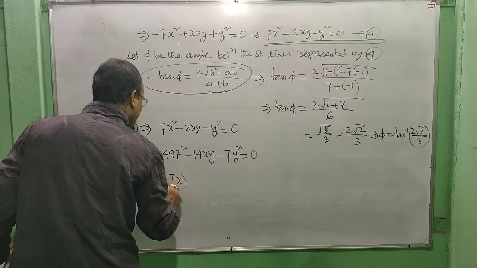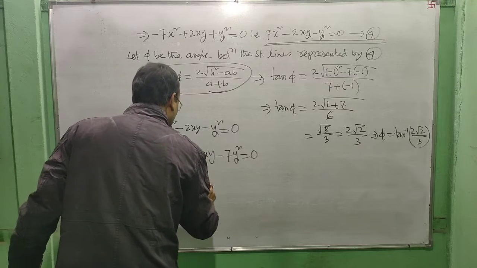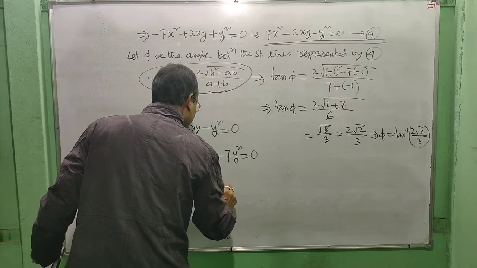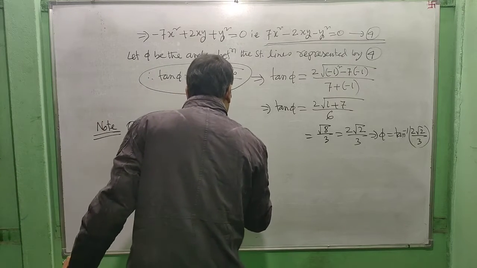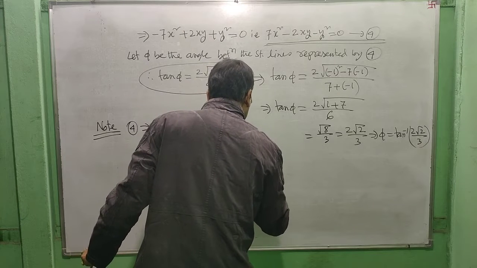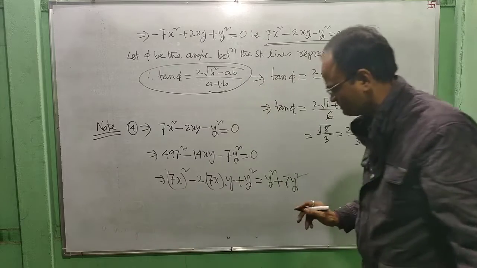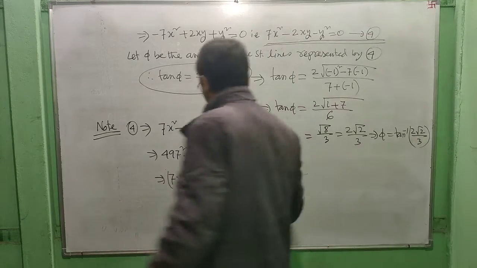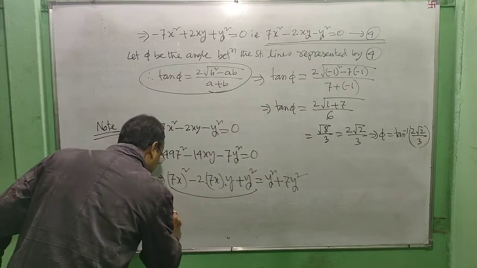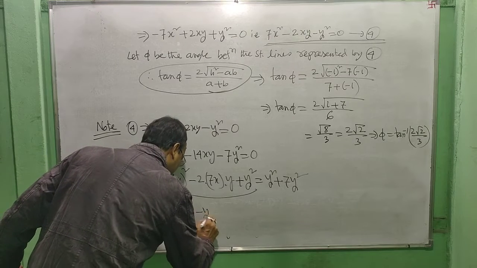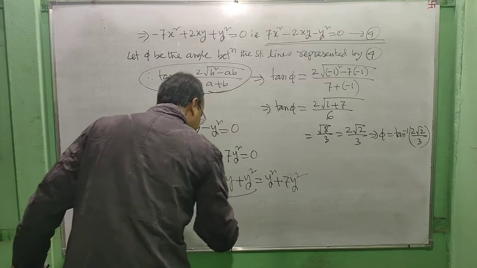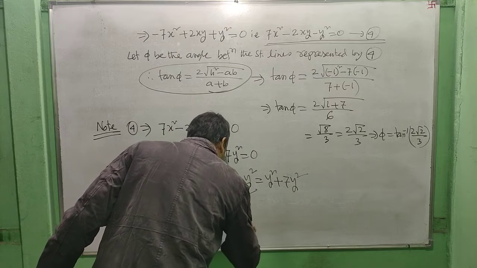This means 7x whole square minus 2 times 7x into y plus y square, this is equal to y square plus 7y square. You may write like this also. Now see the left hand side. It will be 7x minus y whole square, this is equal to 8y square.